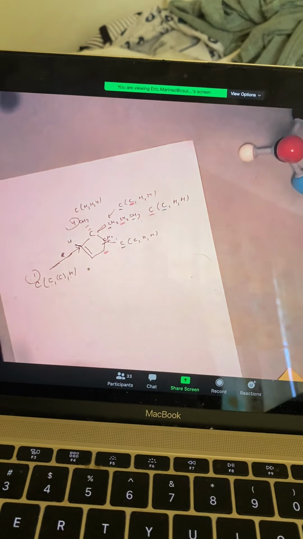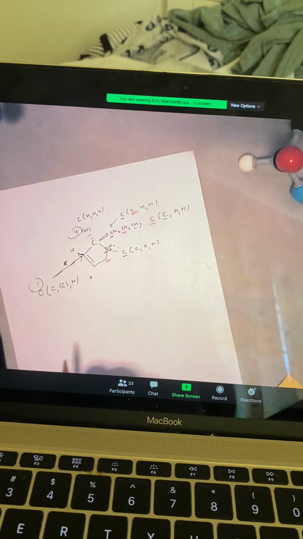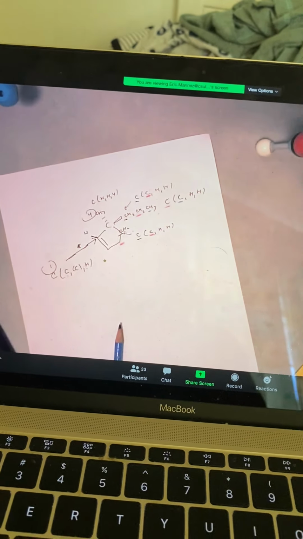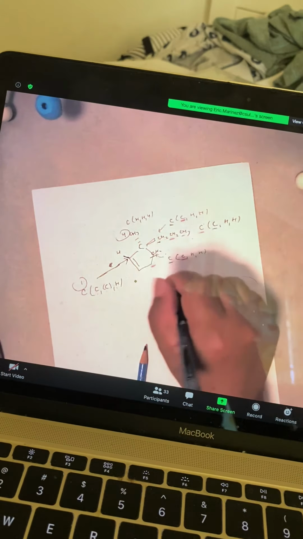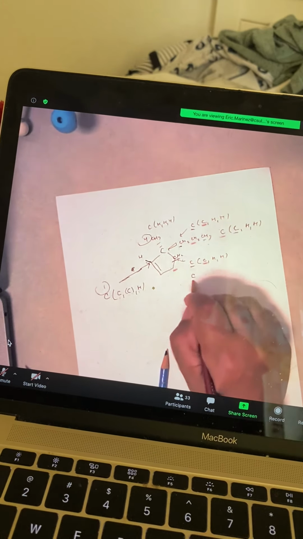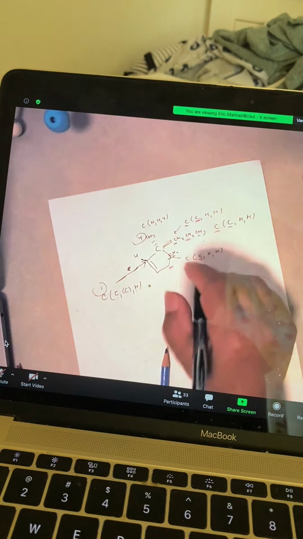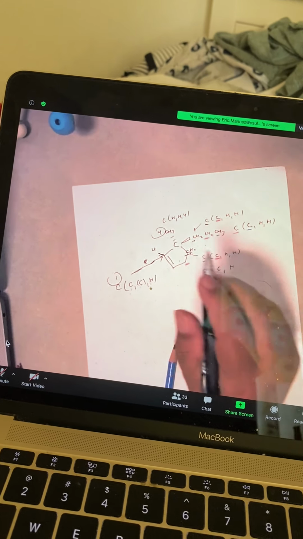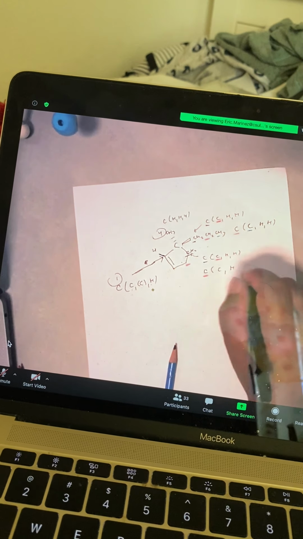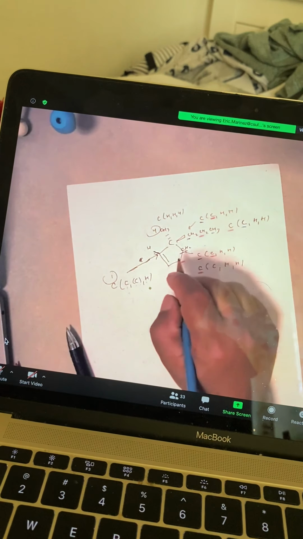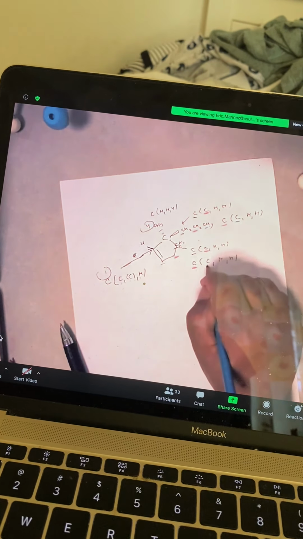Down here, I also have this red carbon. So now I'm going to look at that carbon below it, and I underline in red. It's bonded to another carbon, this carbon here, and it also has 2 hydrogens. Okay, this other carbon is blue.